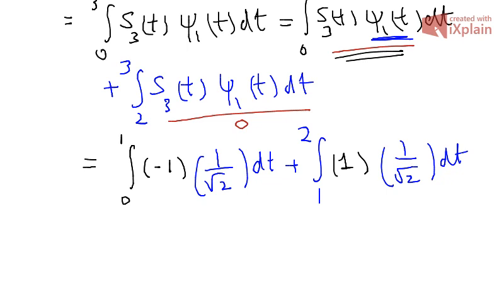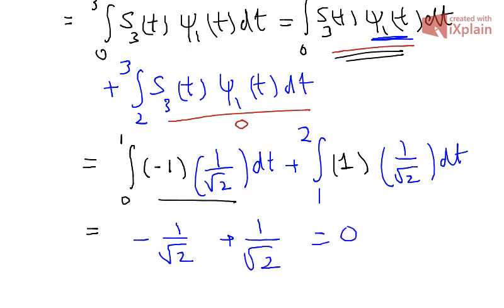Now if you observe this integral closely, from the first integral we are getting -1 over under root 2, and from the second integral we are getting 1 over under root 2, and actually it is 0, which means there is no image of S3 over psi 1.